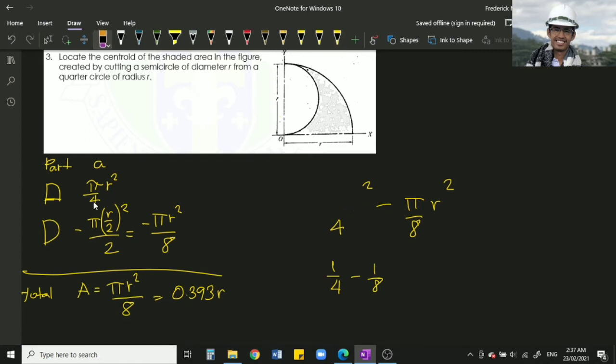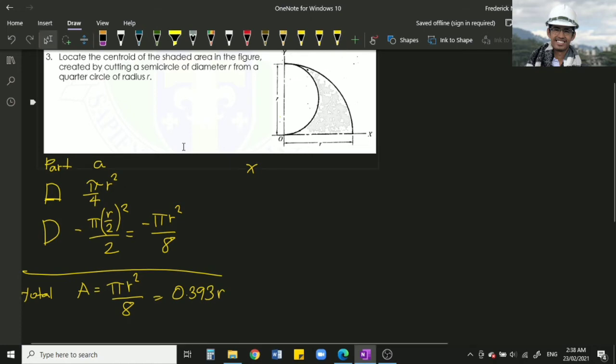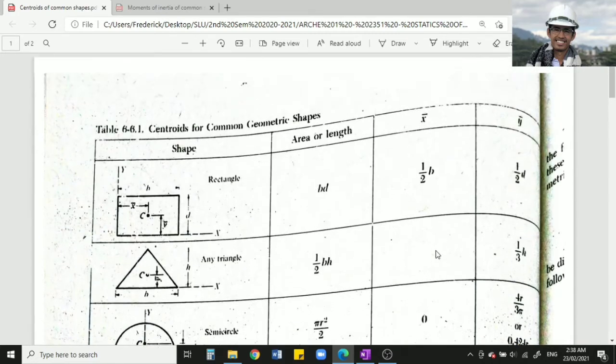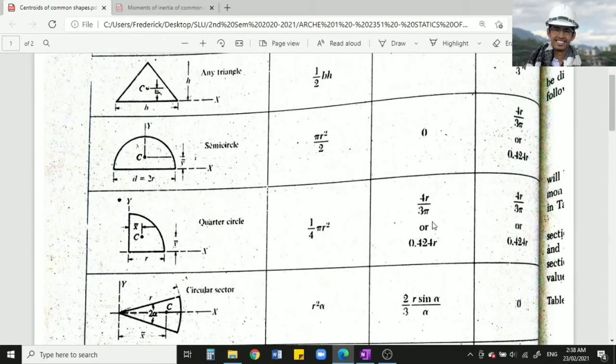Okay. So, the next is kunin naman natin yung x nya. Okay. So, let's get the x and y nung individual parts natin. So, for x nung ating quarter circle, so, tingnan natin doon sa table. We can always see the table. So, that will be, for the x, that will be 4r over 3 pi or 0.424r.